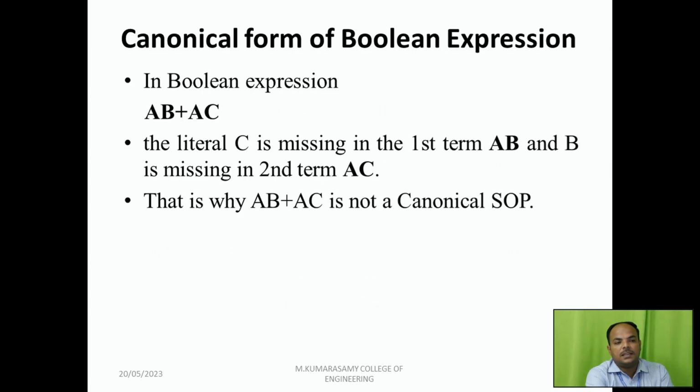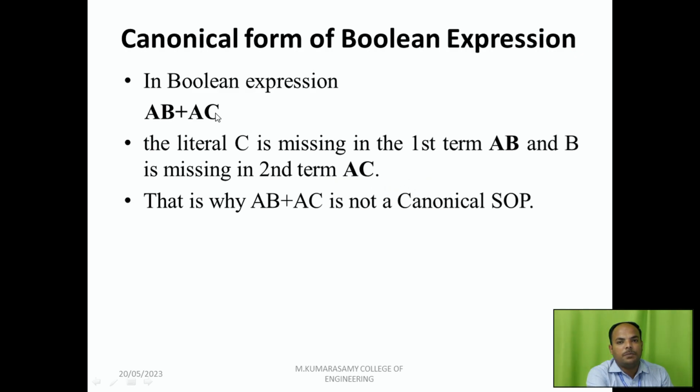Here you can see an example in the Boolean expression AB plus AC. The function consists of 3 literals, but each term has only 2 literals. The literal C is missing from the first product term, and in the second term the literal B is missing, as we have only AC.